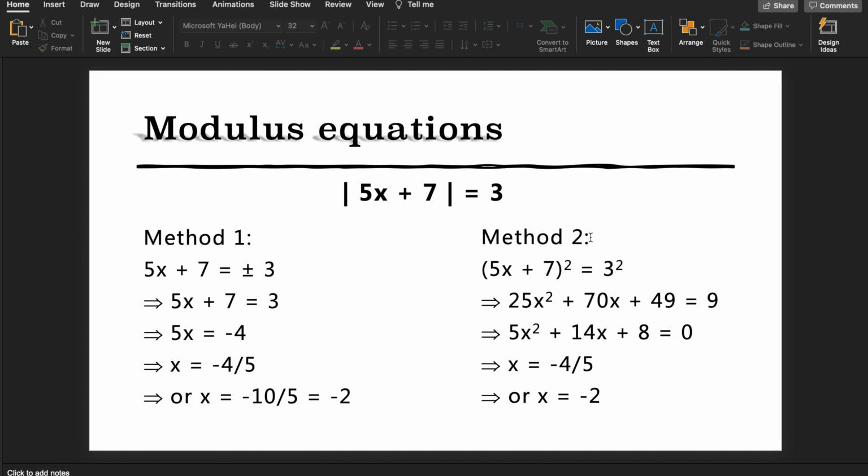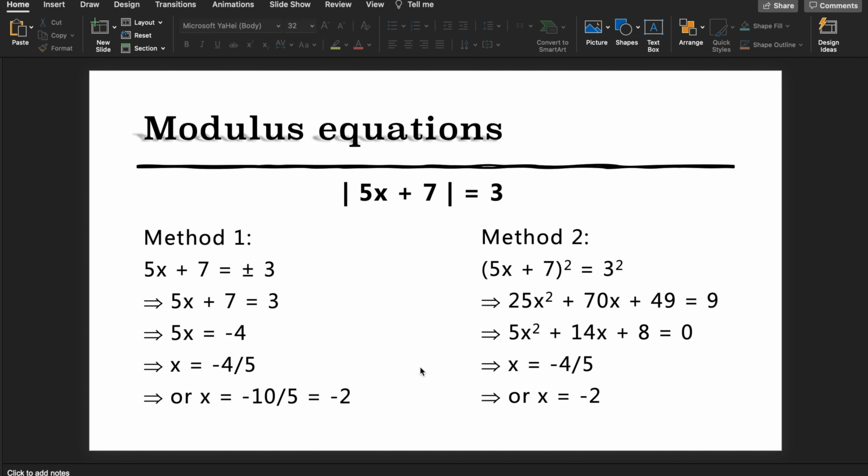And then there is another method, the one where you can square both sides. So (5x plus 7) whole squared equals 3 squared. And yeah, you just expand what's inside the brackets and equate it, and use the quadratic formula, or splitting the middle term, and find the roots.